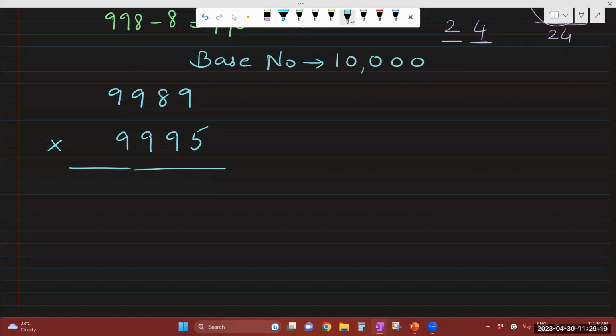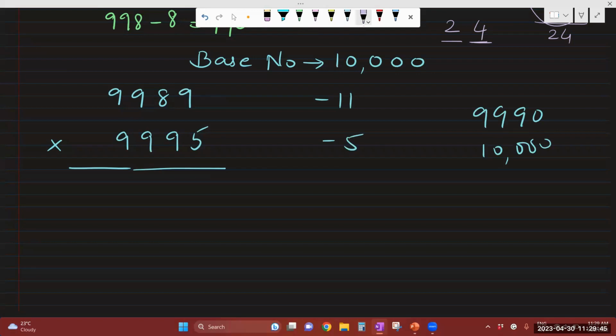Right? Now, second step is difference. So the difference between 9989 and 10,000 is how much? It is 11, because between 9990 and 10,000 the difference is 10, right? So this 89 here makes it 11. So minus 11. Then for the second number, the difference will be minus 5. So this is the second step.